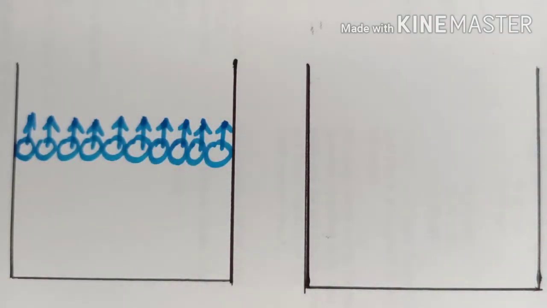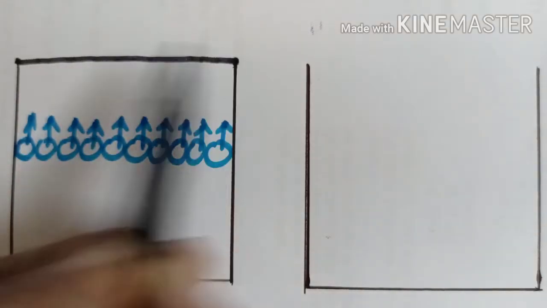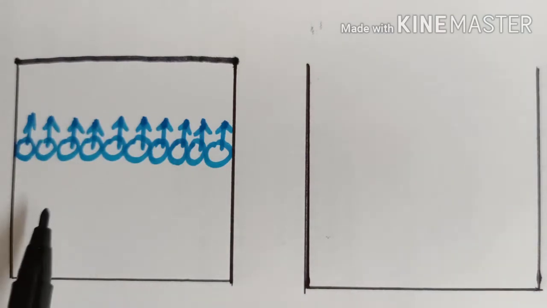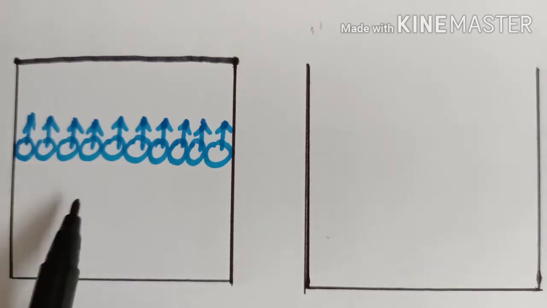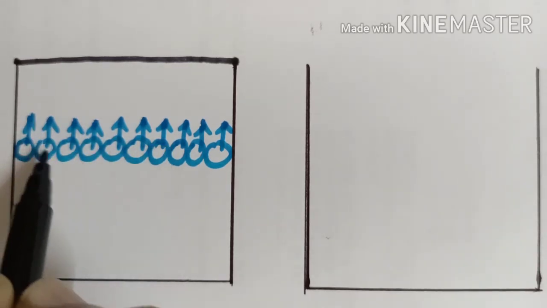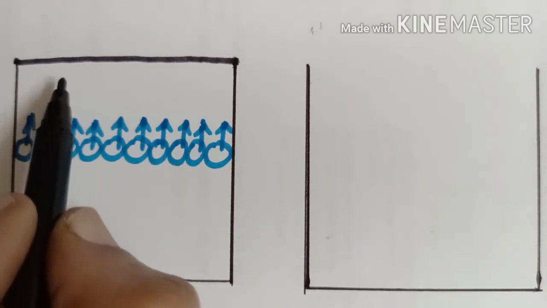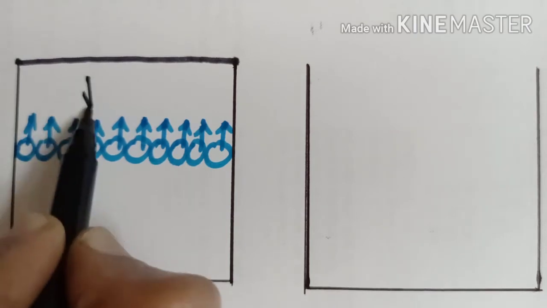Suppose it is a closed container in which you have taken the pure water. All the molecules present on the surface will change into vapors, and these vapors will exert a pressure downwards.